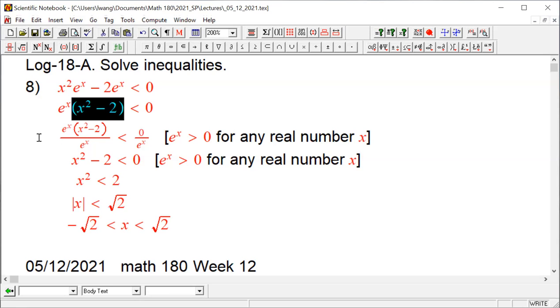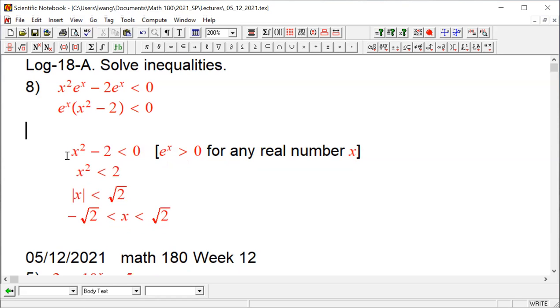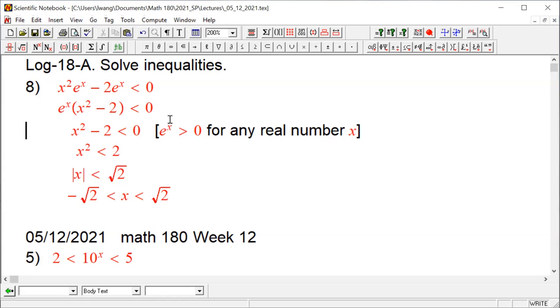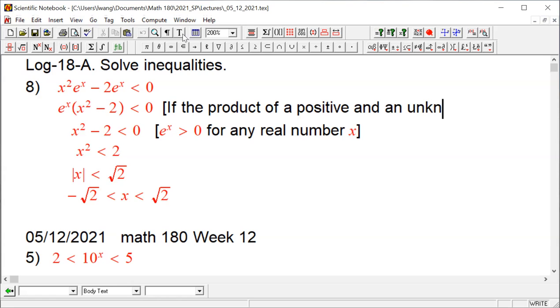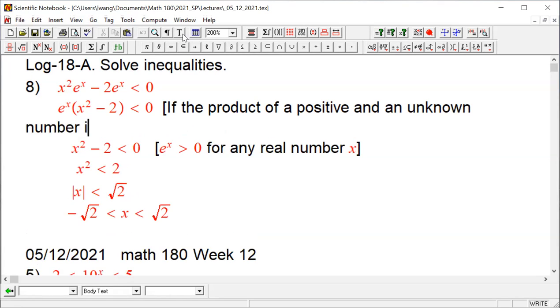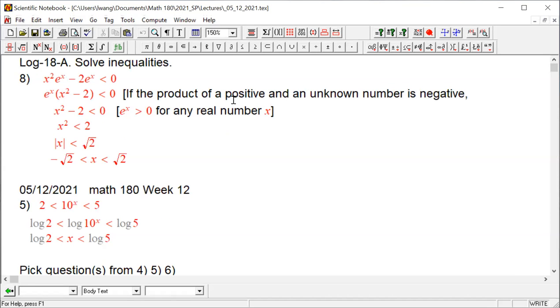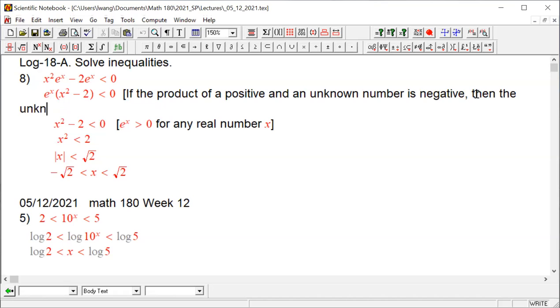So the rationale, if you remove this line entirely, would be the following: if the product of a positive number and an unknown number is negative, then the unknown number must be negative.